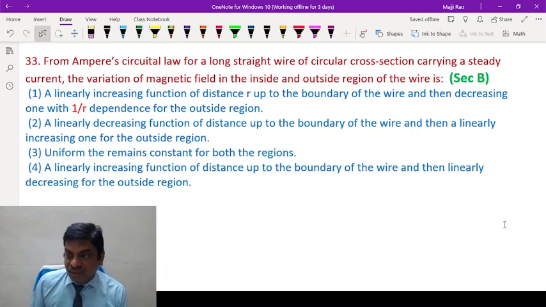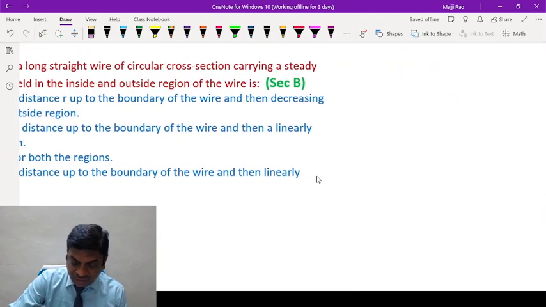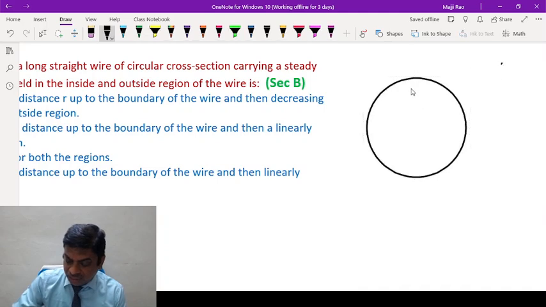circuit law. The variation of magnetic field across the cross section of a cylindrical current carrying wire. Suppose this is the cylindrical cross section, long, and it is uniformly carrying a current.